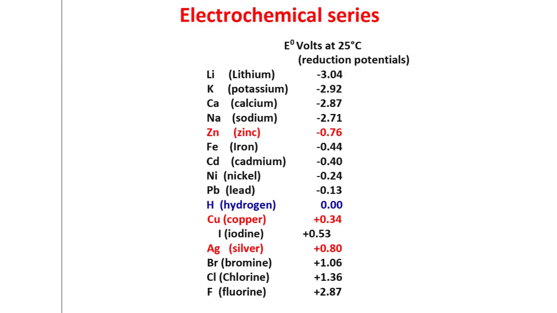In order to explain this reaction, we have to see the position of zinc and copper in the electrochemical series. Zinc is placed above copper, so it's clear that zinc can react with copper sulfate, forming zinc sulfate and copper. That means zinc will undergo oxidation to form Zn2 plus, and copper will undergo reduction to form copper. Copper will be deposited on the surface of zinc. So we can say that zinc is more reactive than copper, because zinc lies above copper in the electrochemical series.